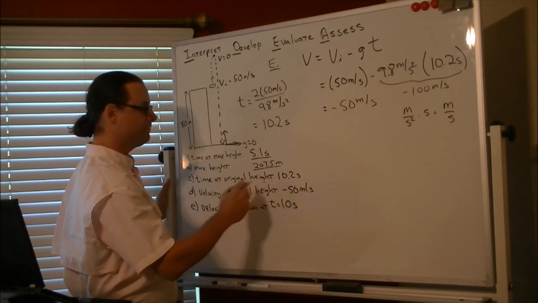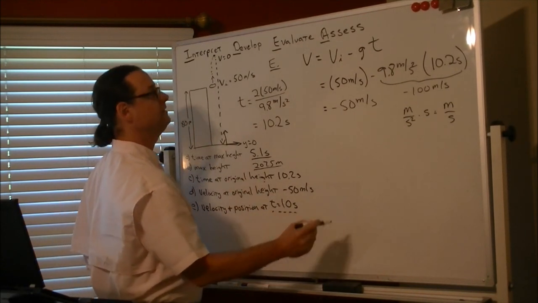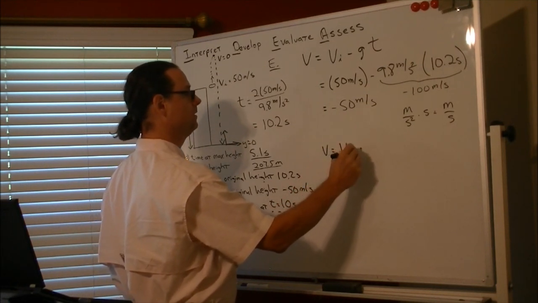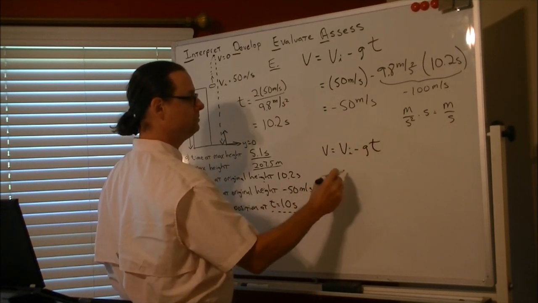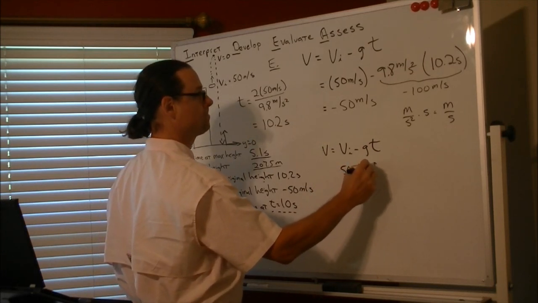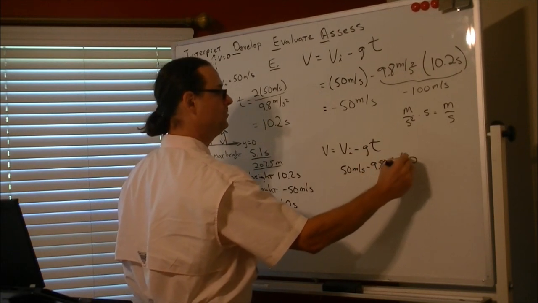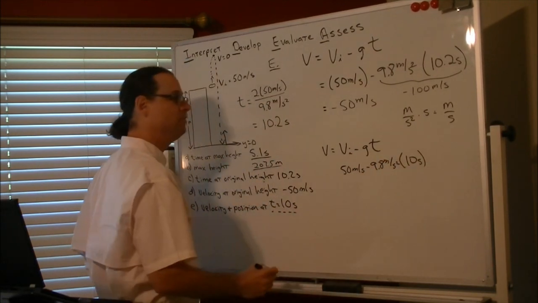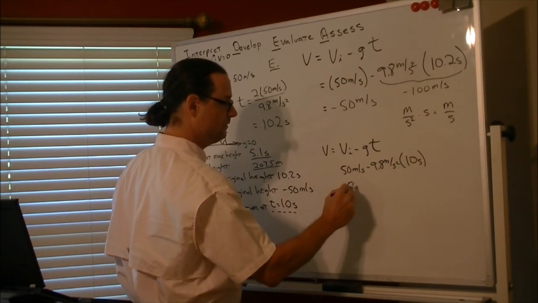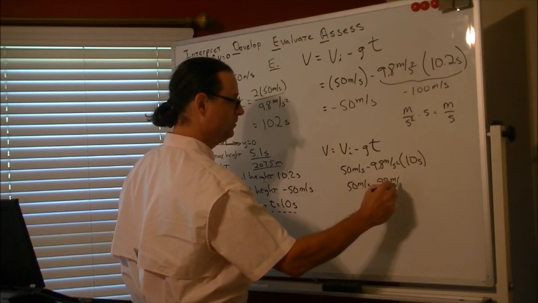And now it asks for the velocity and position at t equals 10 seconds. So the velocity is simply going to be, and now we're substituting in 10 seconds exactly rather than the 10.2. So this becomes 98, so it's 50 meters per second minus 98 meters per second.